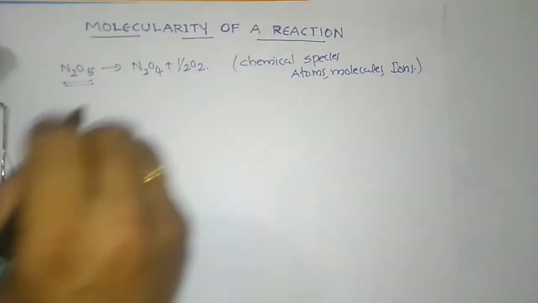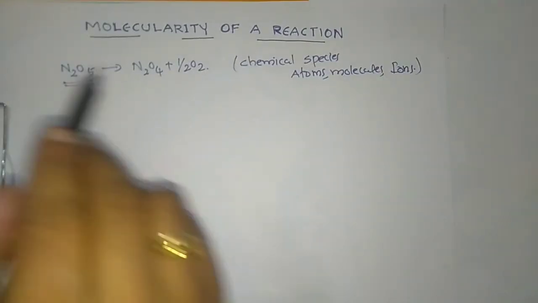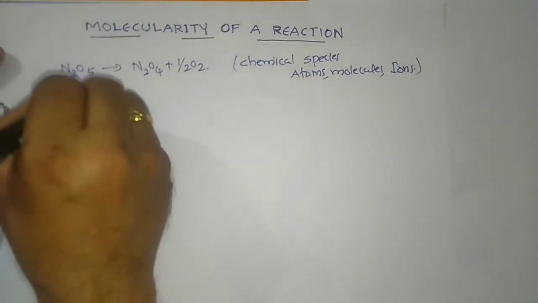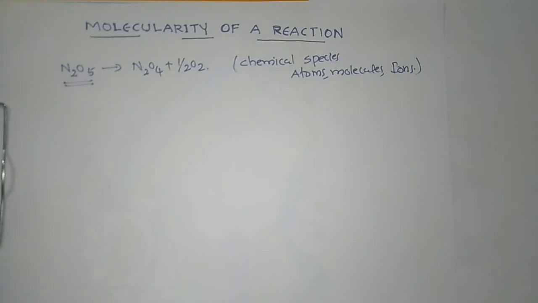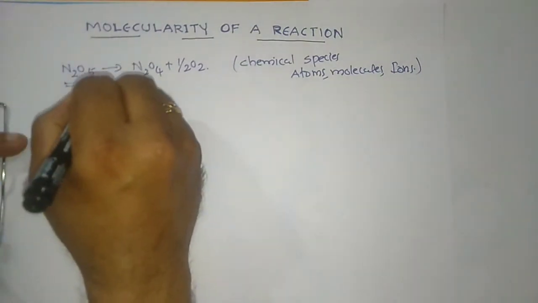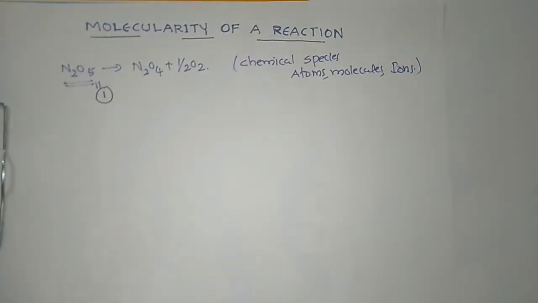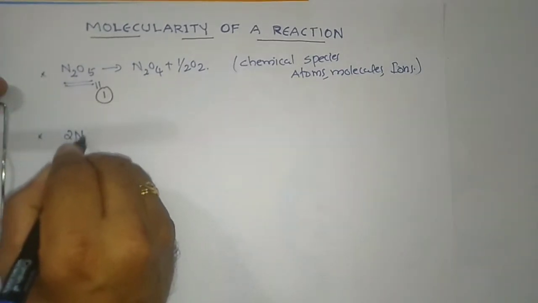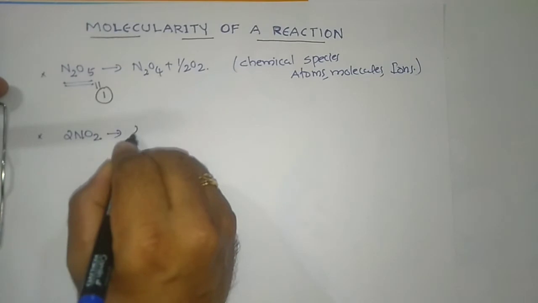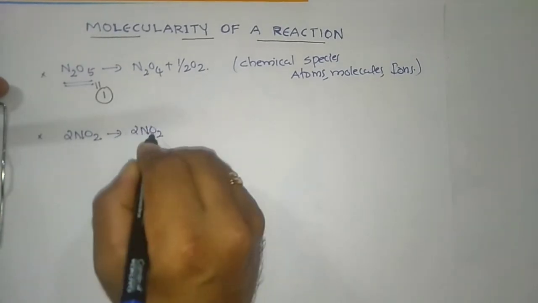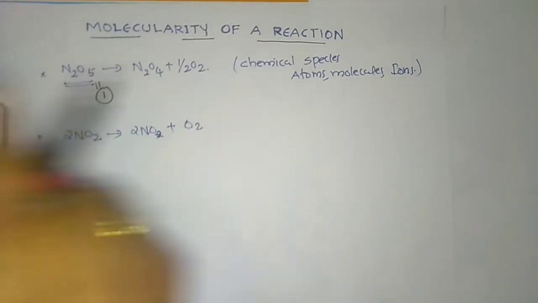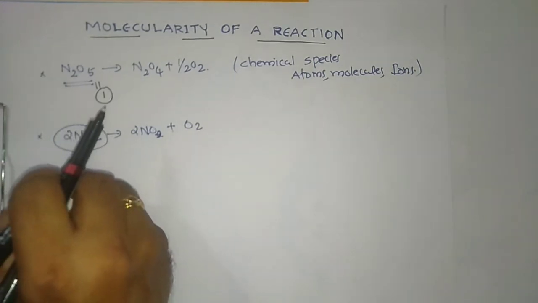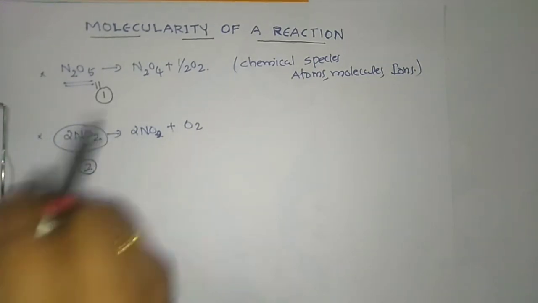So how many reacting chemical species are participating in the chemical reaction? Here 1. Then the next example: 2NO2 gives 2NO plus O2. How many reacting chemical species are participating? 2. Clear?